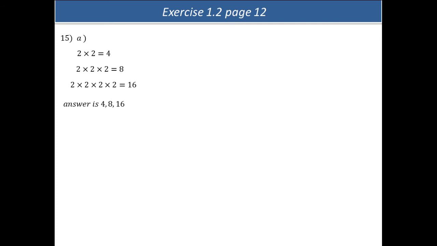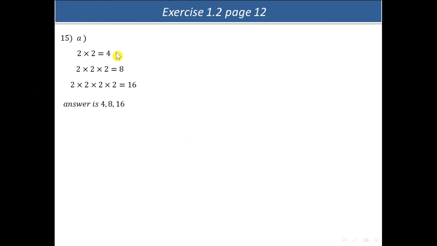Write down 3 numbers whose only prime factor is 2. So they want you to write 3 numbers whose only prime factor is 2. Also the prime factor must not be 3 or 5 or 7 or something like that, only 2. And he wants me to write 3 numbers.